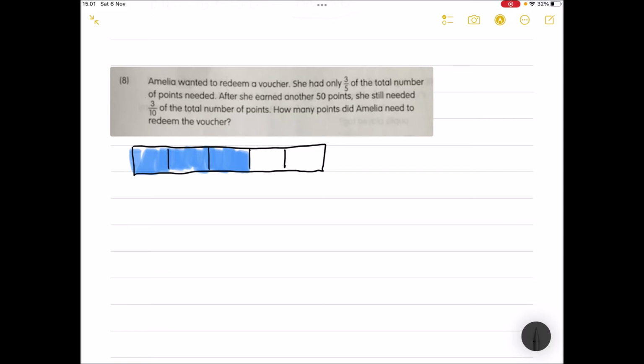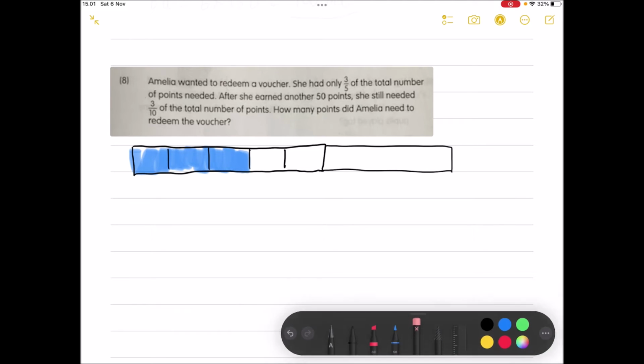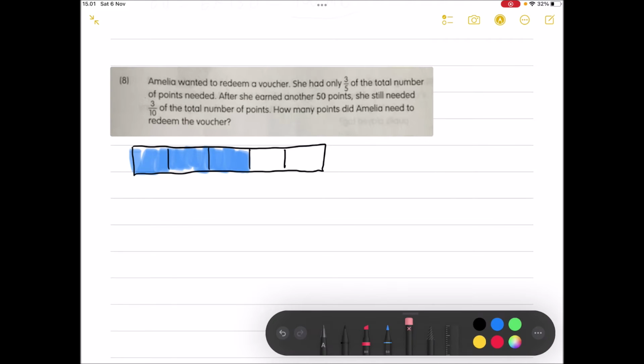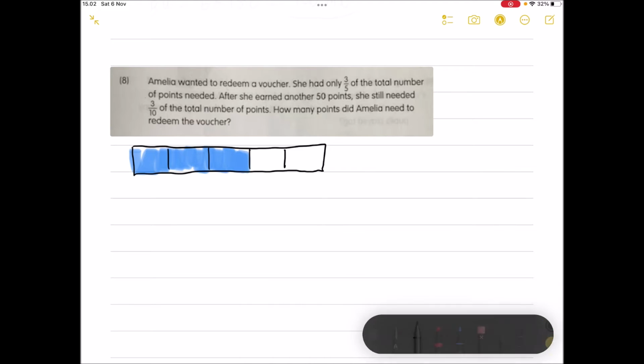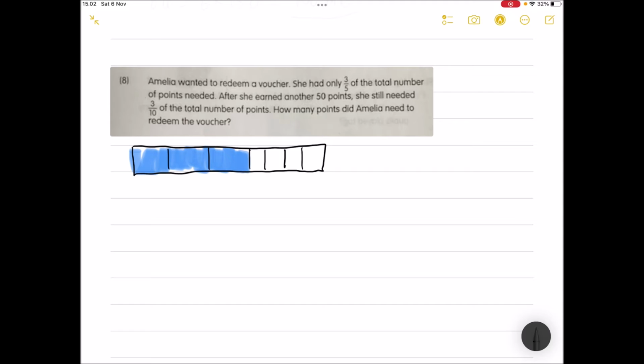I cannot draw another box on the right side here. But I need to show 3/10, meaning I need more cuts in this box. I simply have to cut them, because I have 5 at first. If I cut each box into 2, I will get 10. Okay, we can check the total from the total number of points that she had.